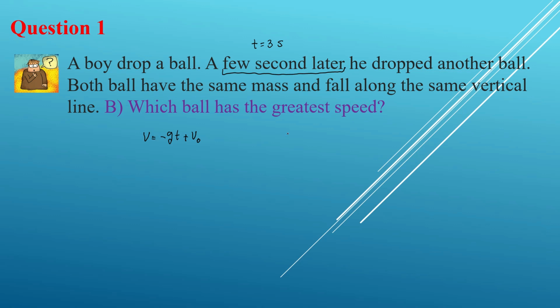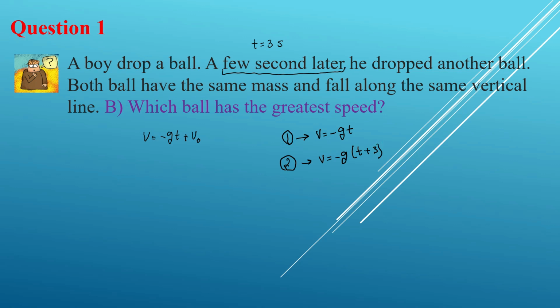So now for the first ball, I'm going to write this equation, v equals minus g t, and I'm going to say this v naught is 0, right? And for the second ball, my v is going to be minus g times t plus 3, right?